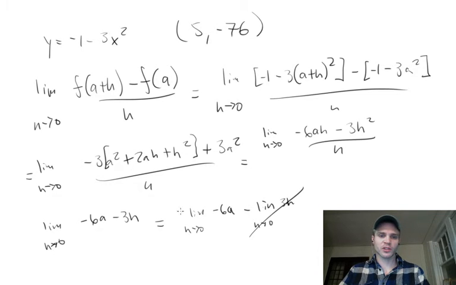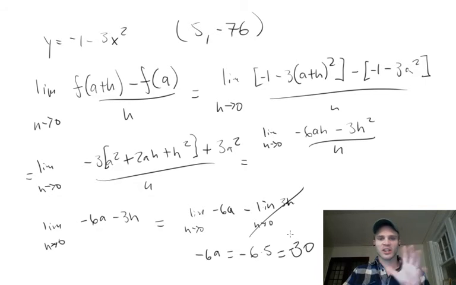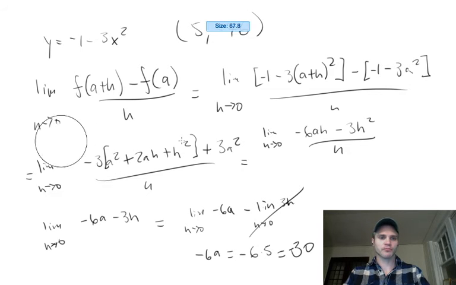And then this portion doesn't deal with h at all, so it's actually just -6a. And a here is equal to 5, so this is equal to -6 times 5, which equals -30. Okay, so hopefully that wasn't too bad of an explanation. So your slope there then is -30.